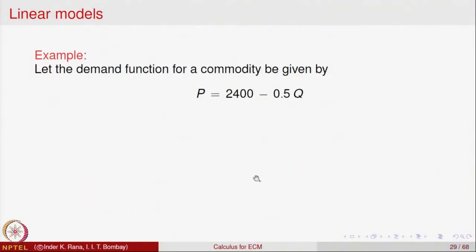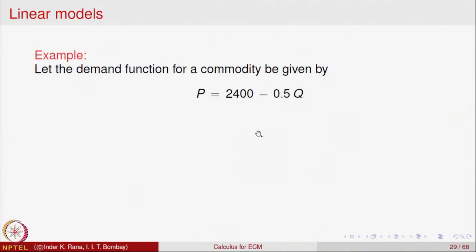Let us look at the price and demand function given by P is equal to 2400 minus 0.5 Q. For this linear demand function, minus 0.5 is the slope.